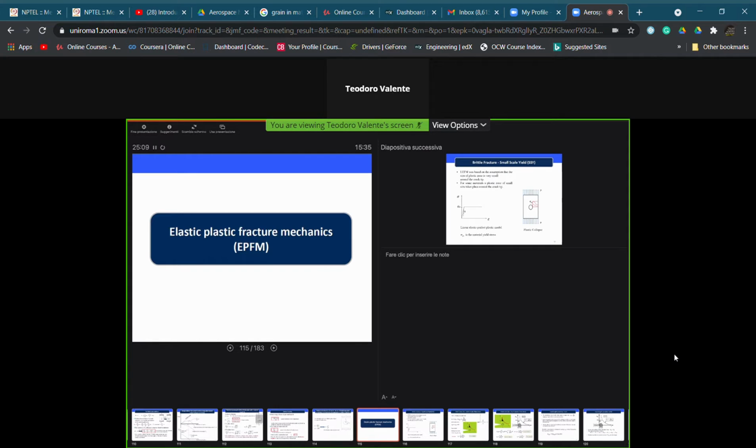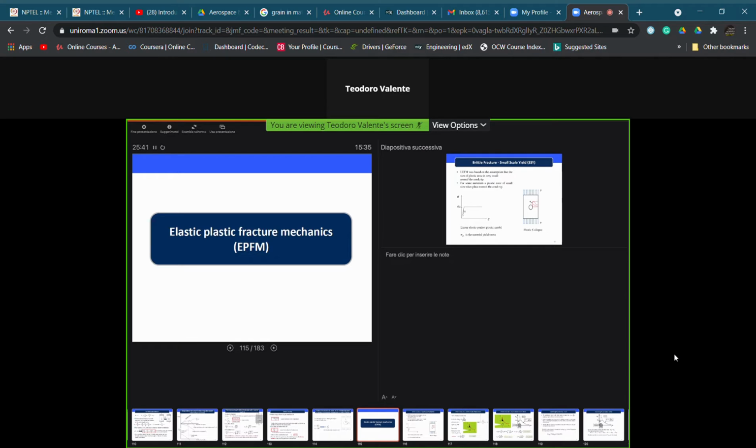But for pre-dimensioning of the material itself, when plasticity effects at the crack tip cannot be neglected, we can use a slightly simplified elastoplastic fracture mechanics, EPFM, which is obtained by starting from linear elastic fracture mechanics with some modifications.